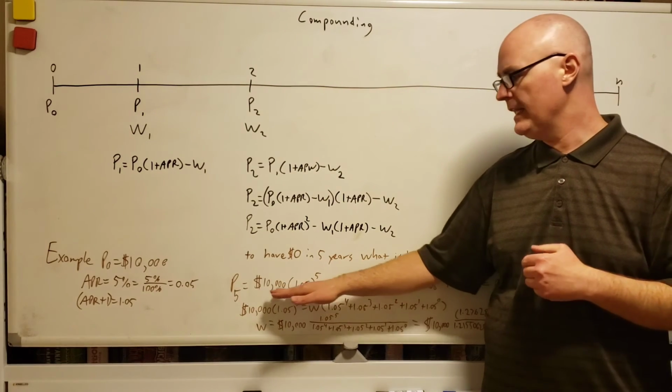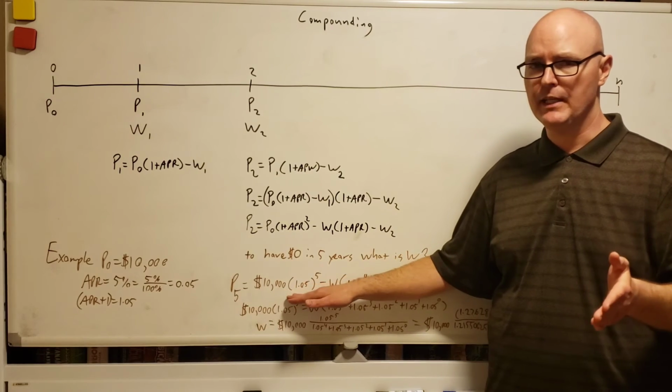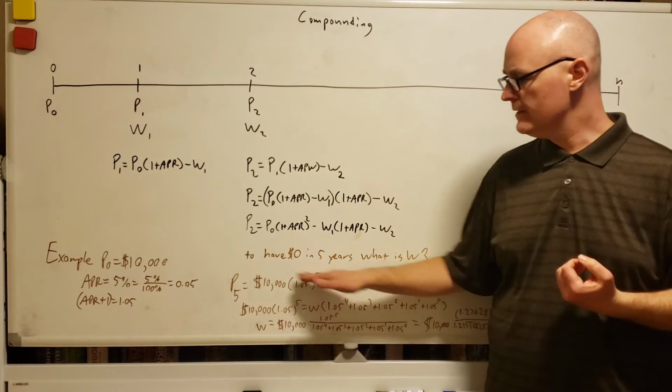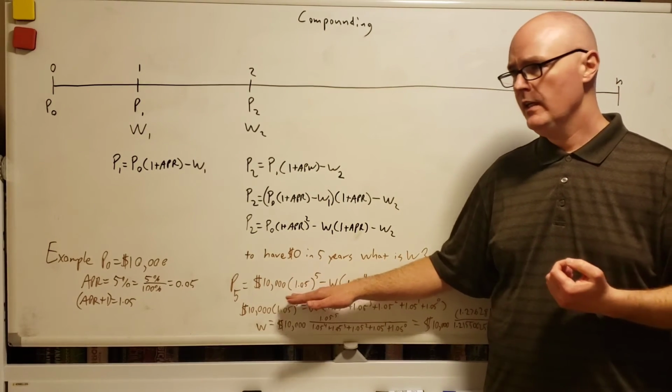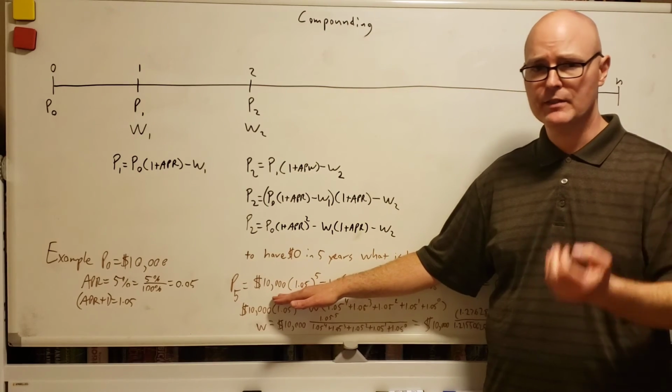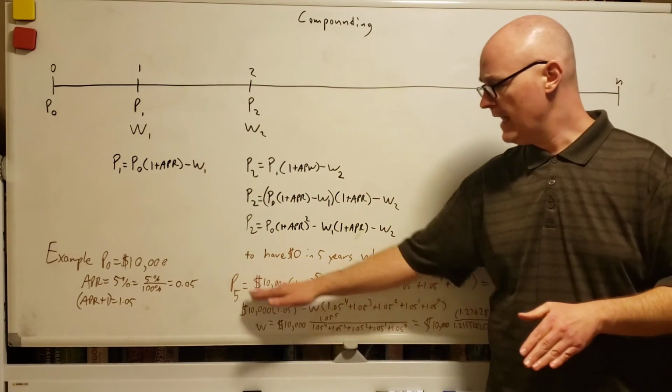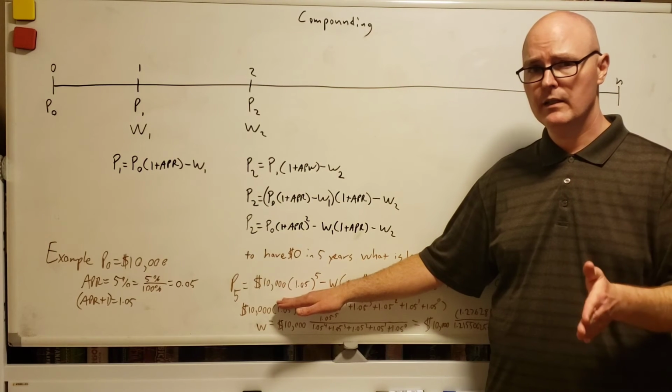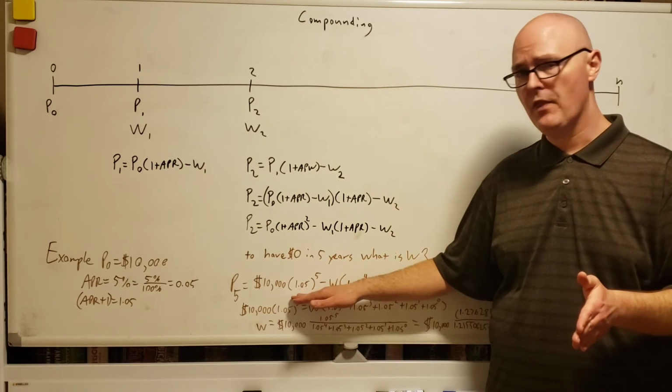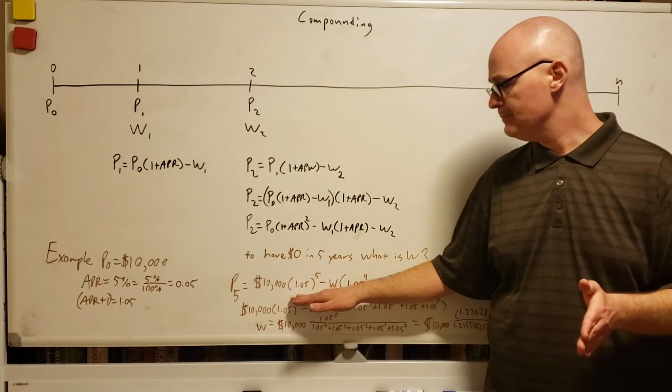So if it was money that I had in an account at 5% interest and I took nothing from it, this is the amount that it would grow. If I borrowed that much money from somebody and I never paid it back, that's how much money it would grow in the 5-year period with that 5% interest rate.